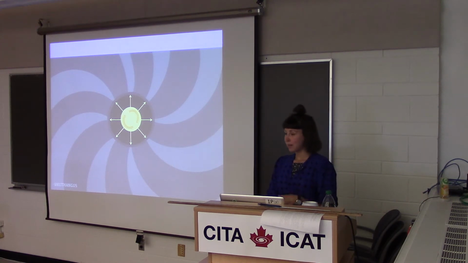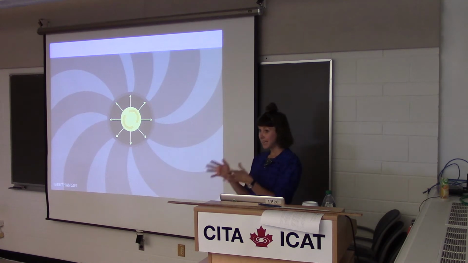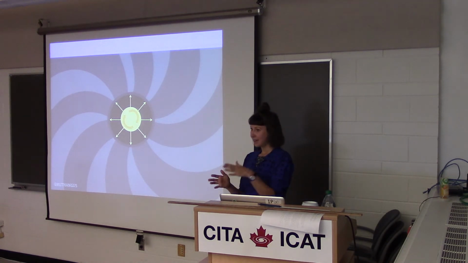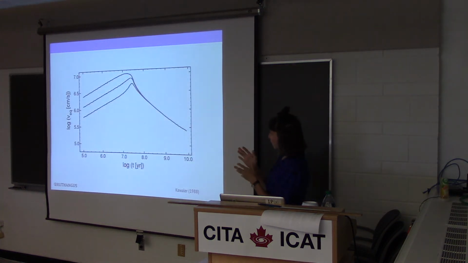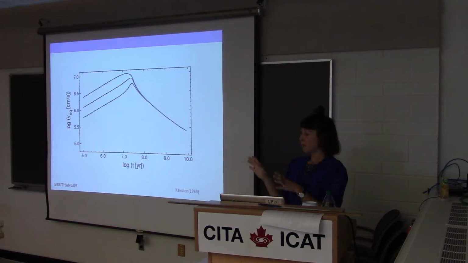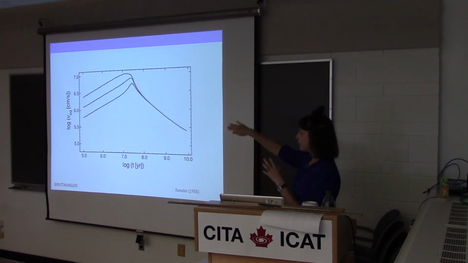So you might wonder, why can you measure a rotation period of a star today and infer its evolution up until this point? Well, this is the reason. This is equatorial velocity versus time, and these are theoretical models. Basically what this is showing is that before a star hits the main sequence, it's still contracting, it's spinning up.